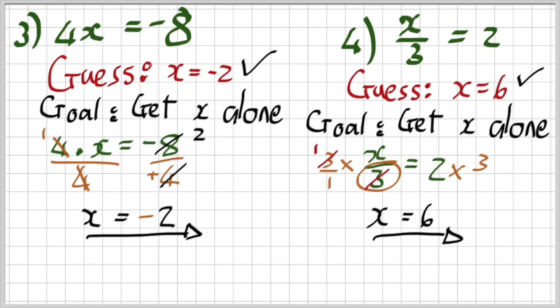You don't have to write that 1 in front of the x. So, did I achieve my goal? Yes, I did. And ladies and gentlemen, this is the way I want you to think about mathematics. There's a goal in mind, and as long as I've got that goal in mind, I've got a direction to go to.